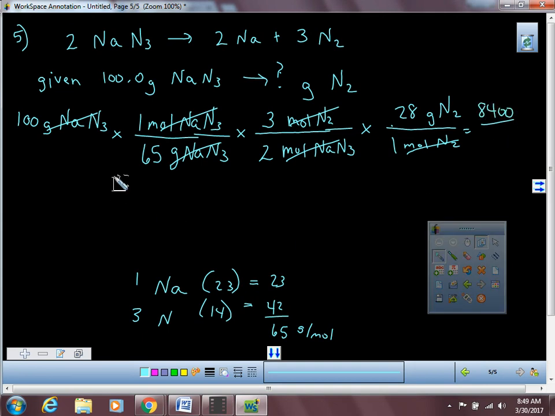And on the bottom, I have 65 times 2, which is 130. And then I just divide. What do you get? 64.6 grams of nitrogen.